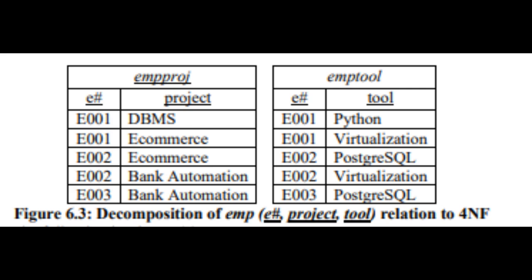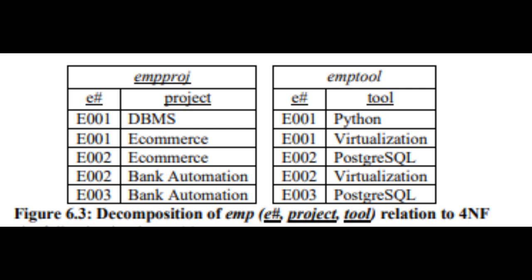In this case, R(X, Y) is in 4NF. Similarly, if in a relation R(A, B, C) with only 3 attributes, the trivial MVD A ↠ B holds, then R(A, B, C) is in 4NF.